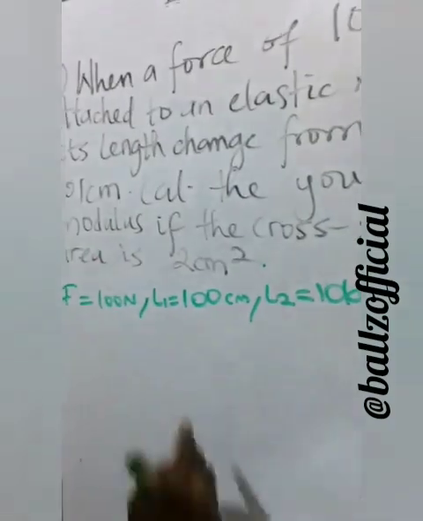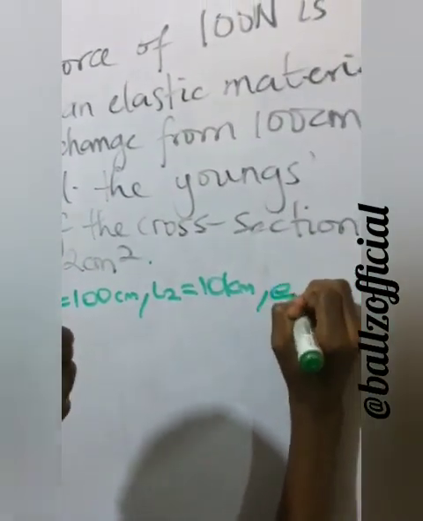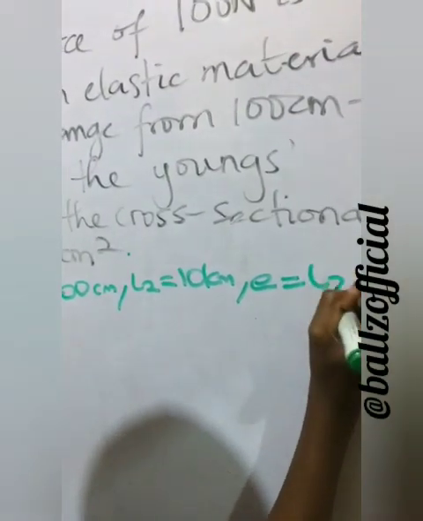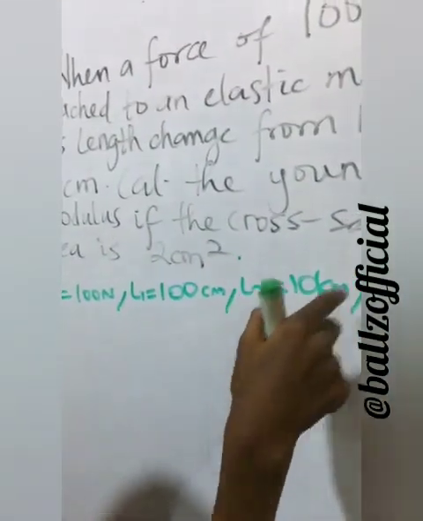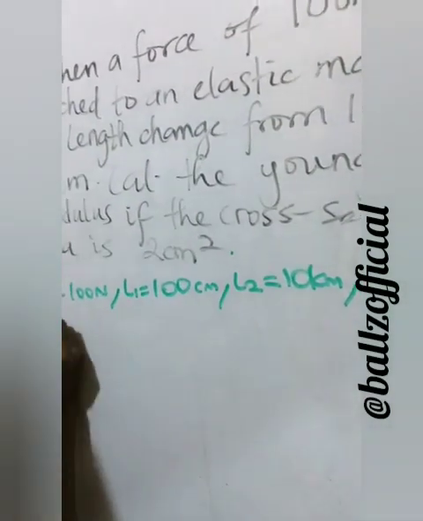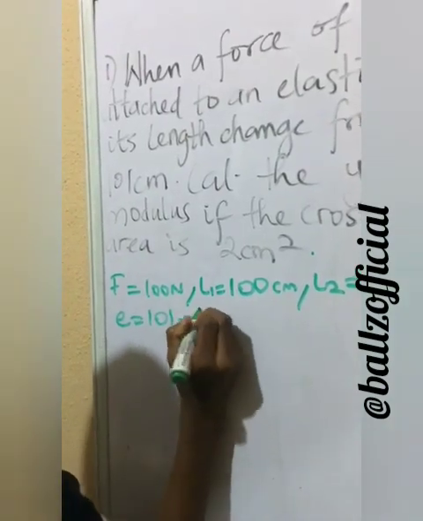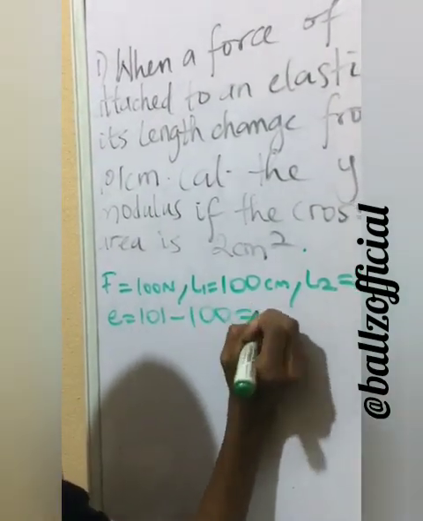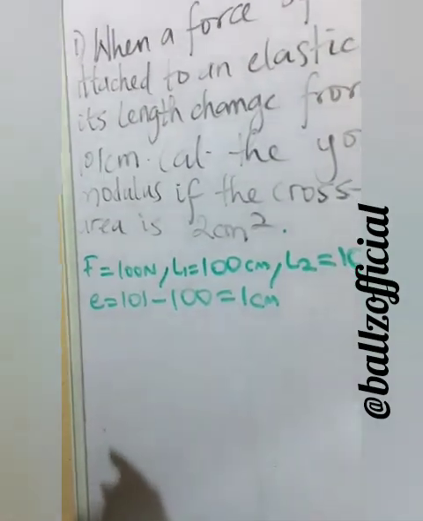So we are going to get the extension with this L1 and L2. Therefore, extension is equal to L2 minus L1. That will be the final length minus the initial length. So extension will be equal to 101 minus 100, which is 1 centimeter. So we have gotten the extension now.